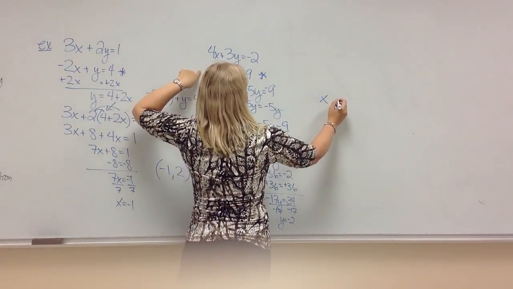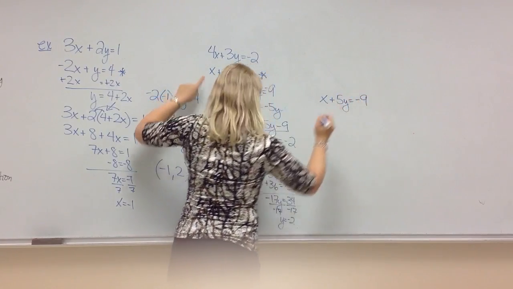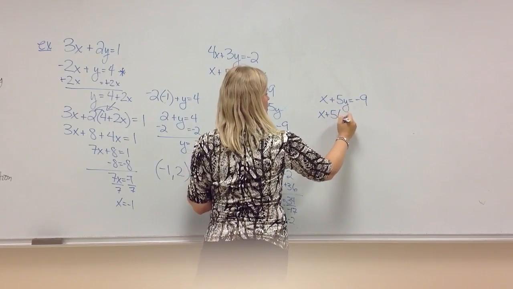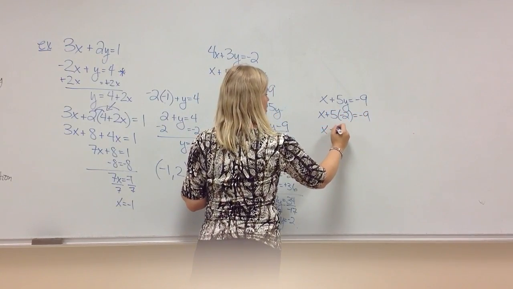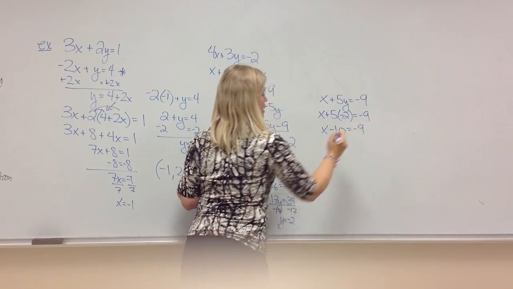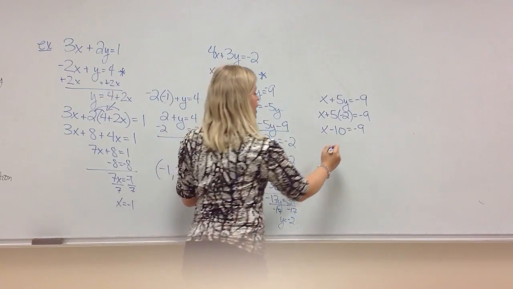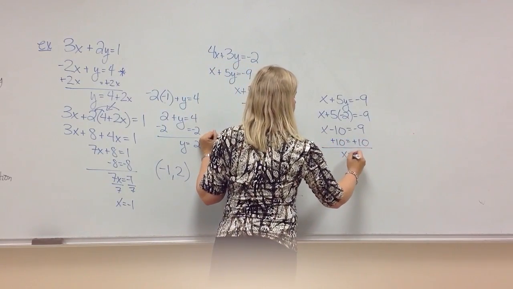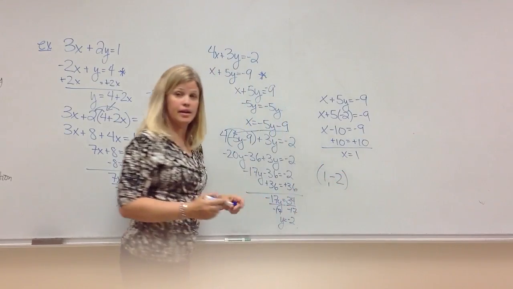So our original was x plus 5y equals negative 9. We found out y was negative 2. Okay, so you get x minus 10 equals negative 9, because positive 5 times negative 2 is negative 10. Add 10 to both sides, and you get x equals 1. So this time, we got 1, negative 2.